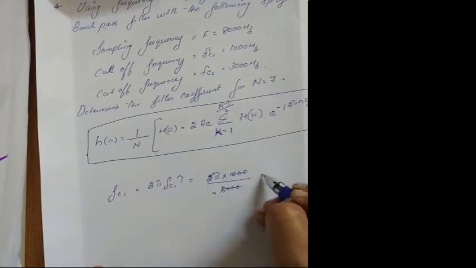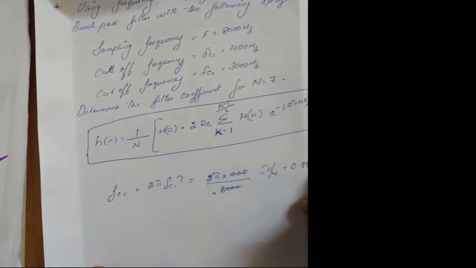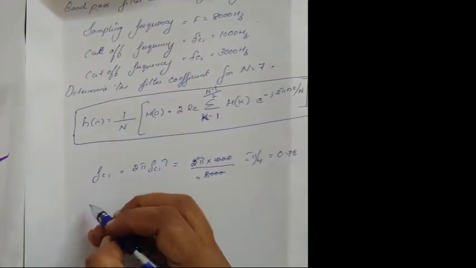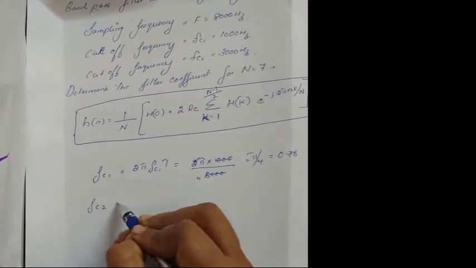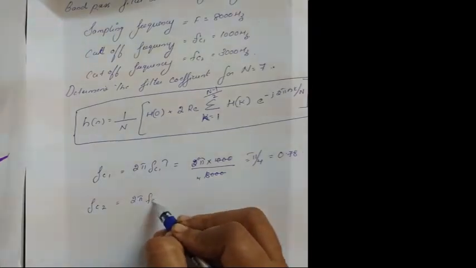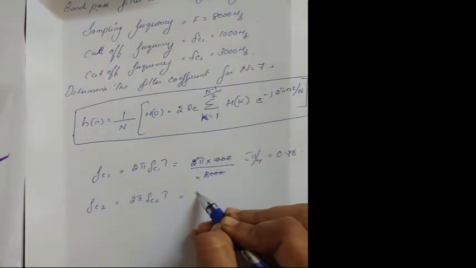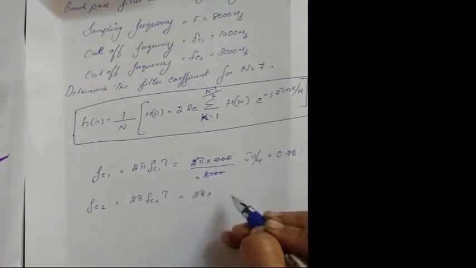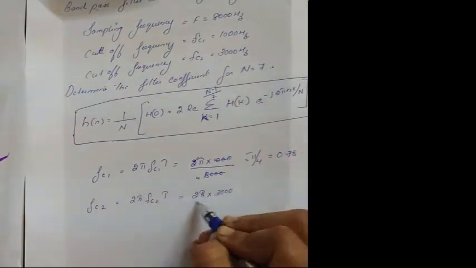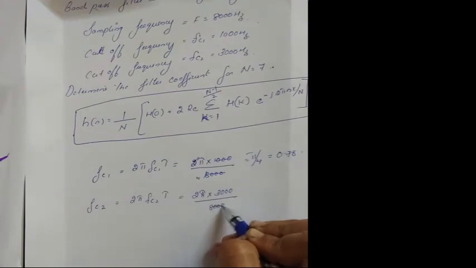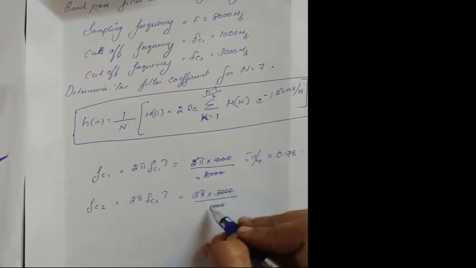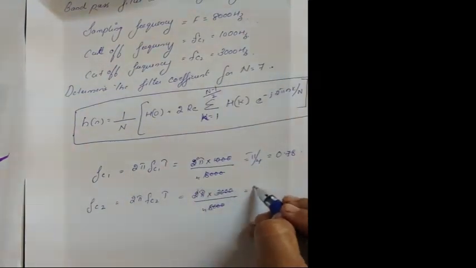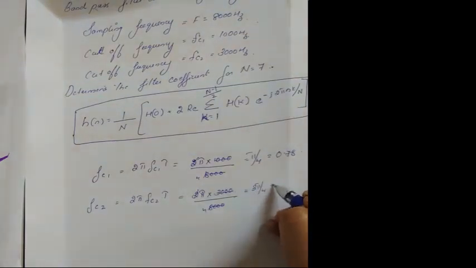You got π by 4, and π by 4 is equal to 0.78. So you have to find the values from where it is varying. ωc2 is equal to 2π fc2 into T, that is 2π into 3000 divided by 8000. So you got 3π by 4, and that is equal to 2.356.